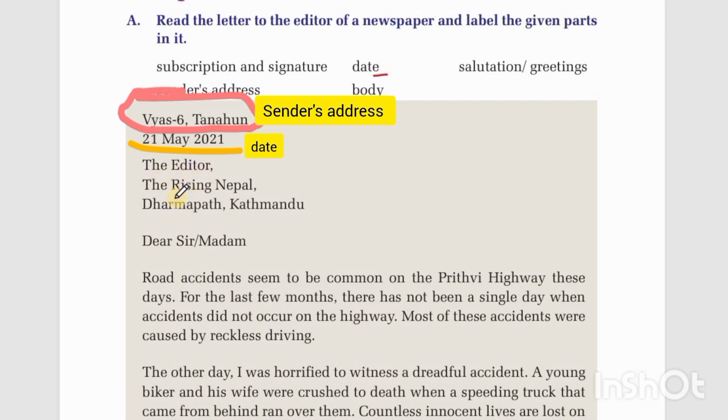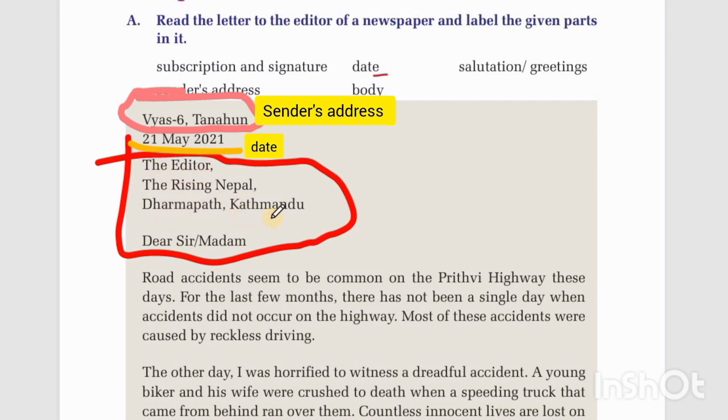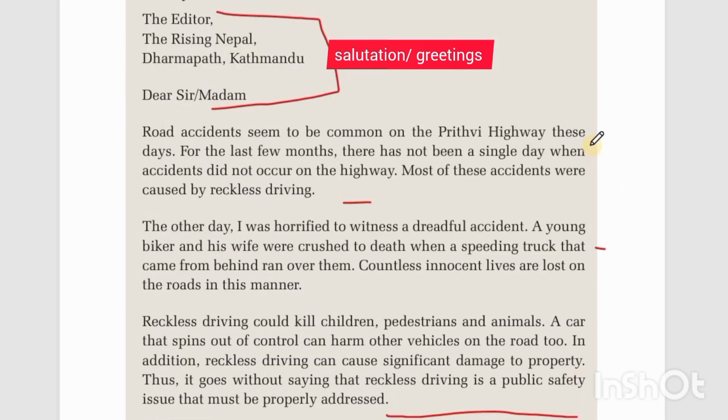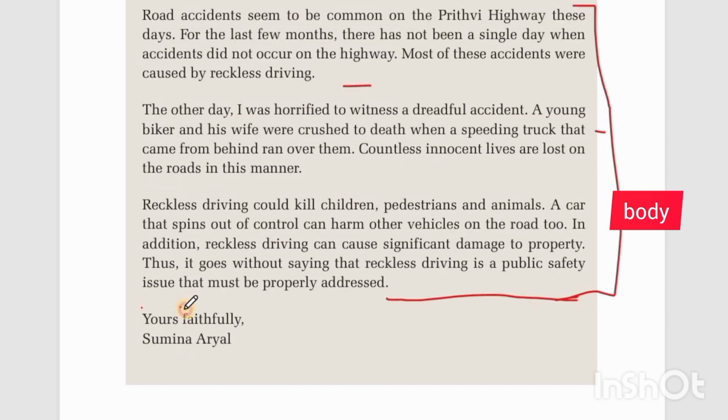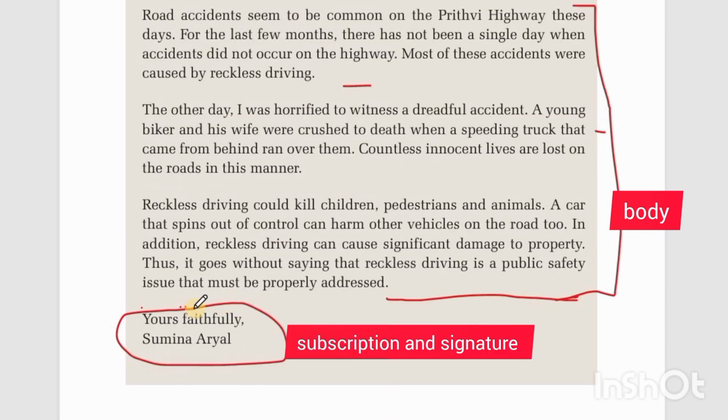The editor, The Rising Nepal, Dharmapath, Kathmandu. Dear Sir or Madam. This is salutation or greetings. So, paragraph 1, paragraph 2 and paragraph 3. These are body paragraphs. So, we can say body. And the last part is subscription and signature.